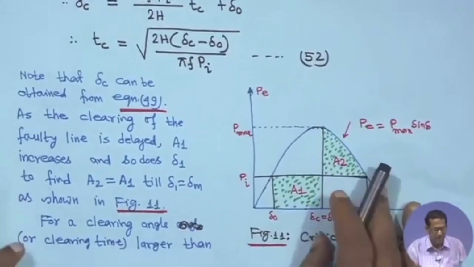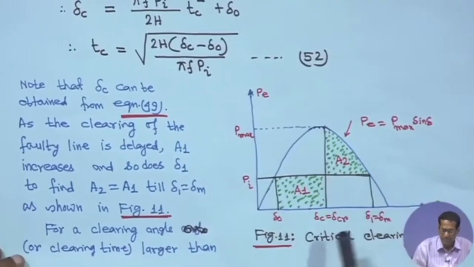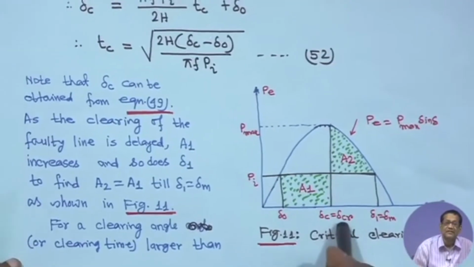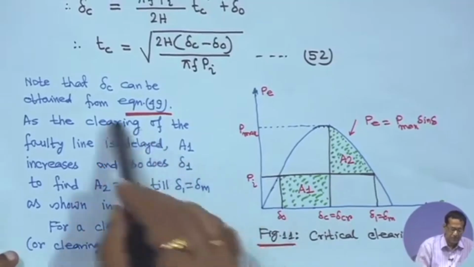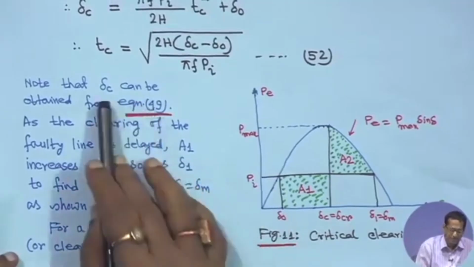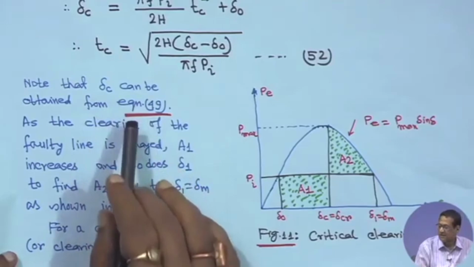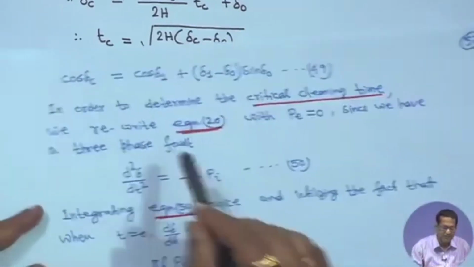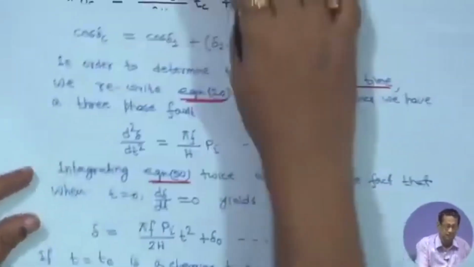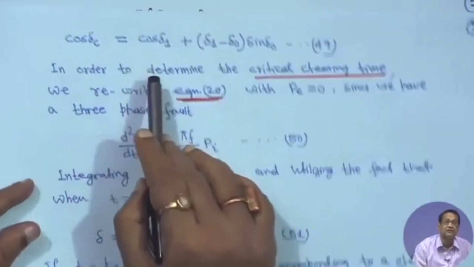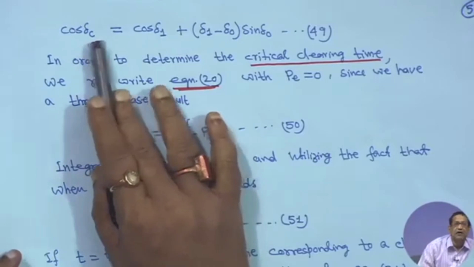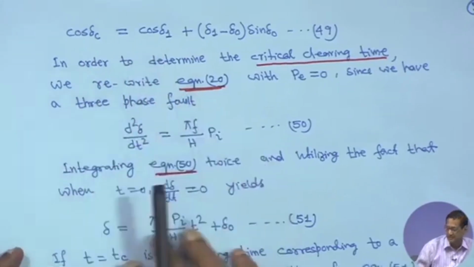Now, suppose we want to find the maximum value of delta c, that is the critical clearing angle. Delta c can be obtained from equation 49: cosine delta c is equal to this expression.